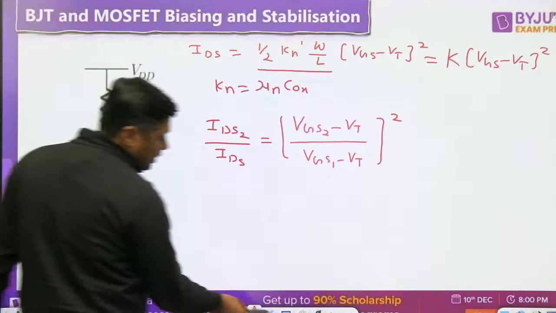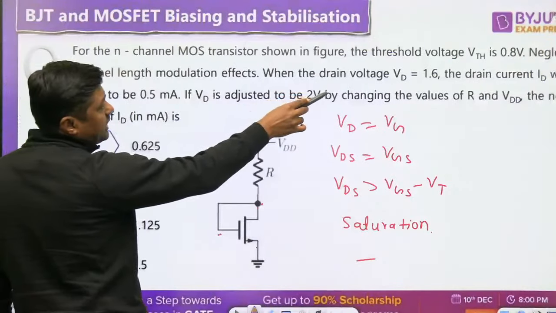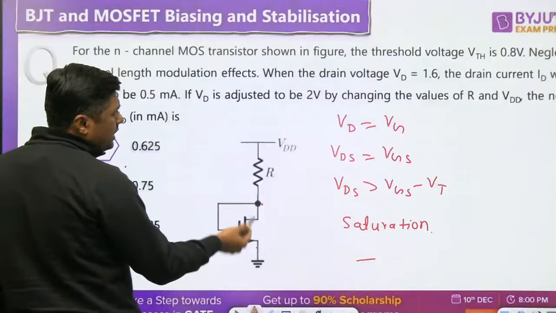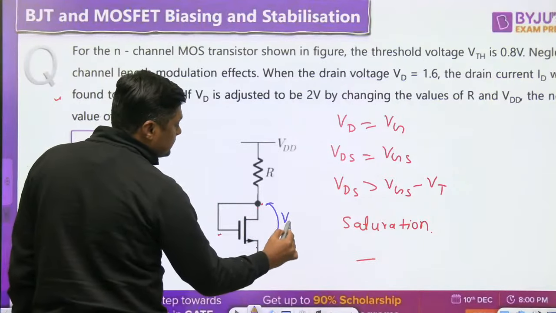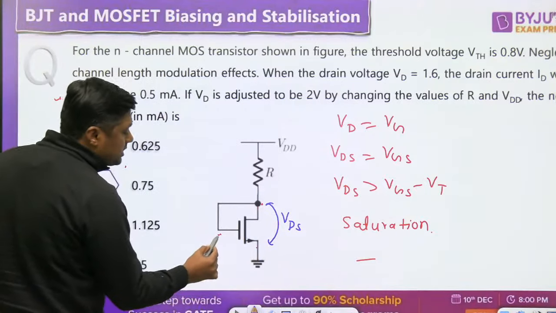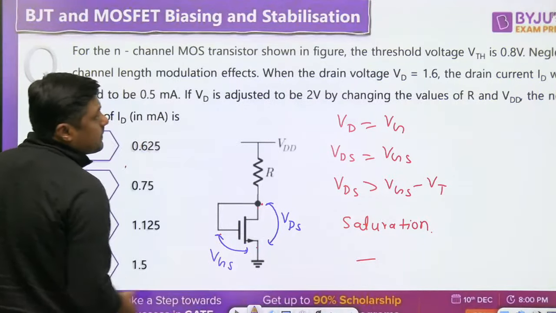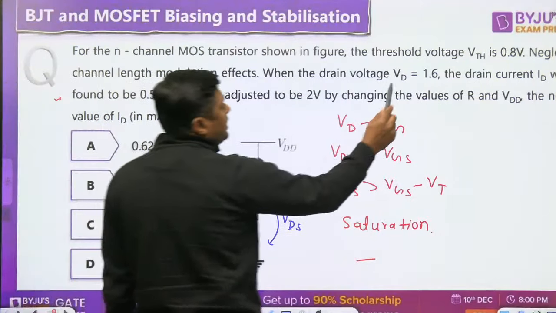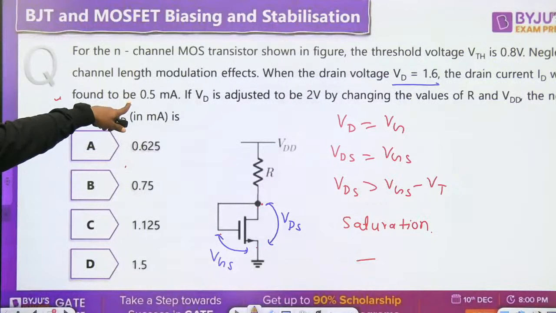So what is given in the question? There are two cases. In first case, VD is 1.6 volt, which means VDS is also 1.6. And when VDS is 1.6, definitely the VGS is 1.6 because VGS is equal to VDS. Current is 0.5 milliampere.